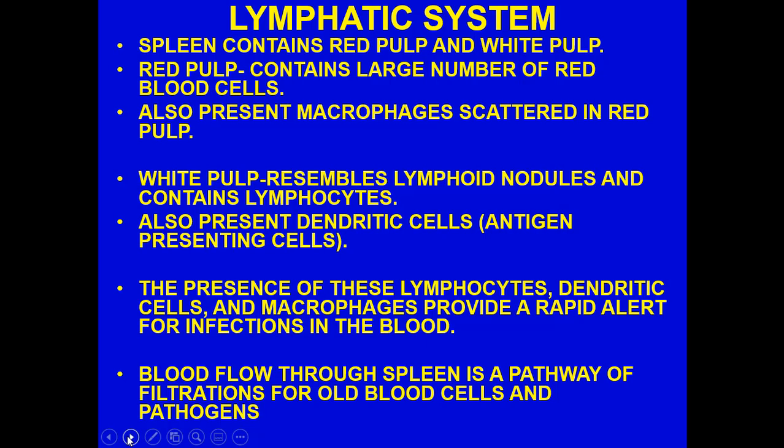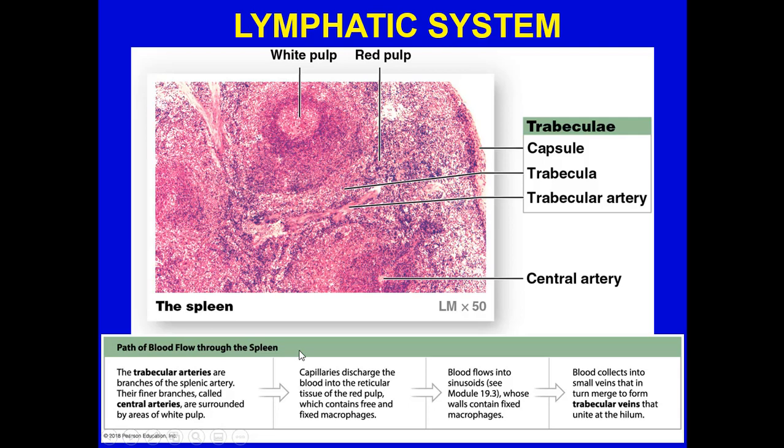This is what you have to look out for, okay? Now, the presence of these lymphocytes and dendritic cells and macrophages provide a rapid alert for infections in the blood. The blood flow through the spleen is a pathway of filtration for old blood cells and pathogens.